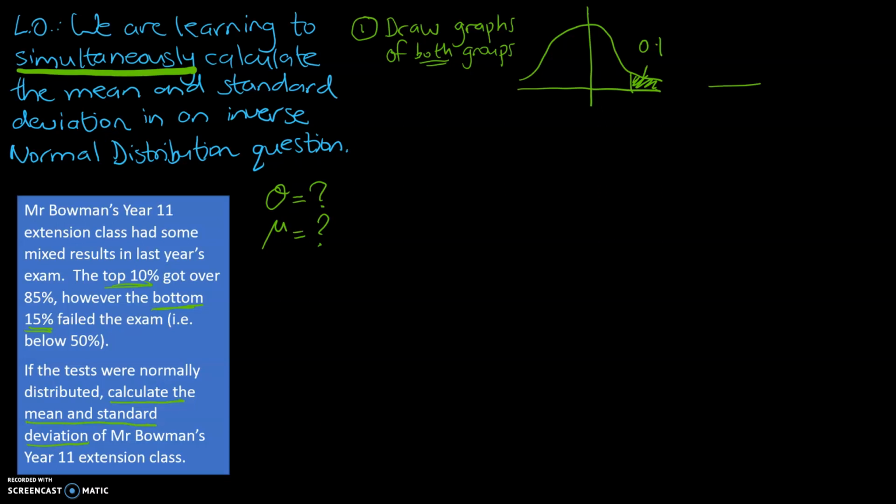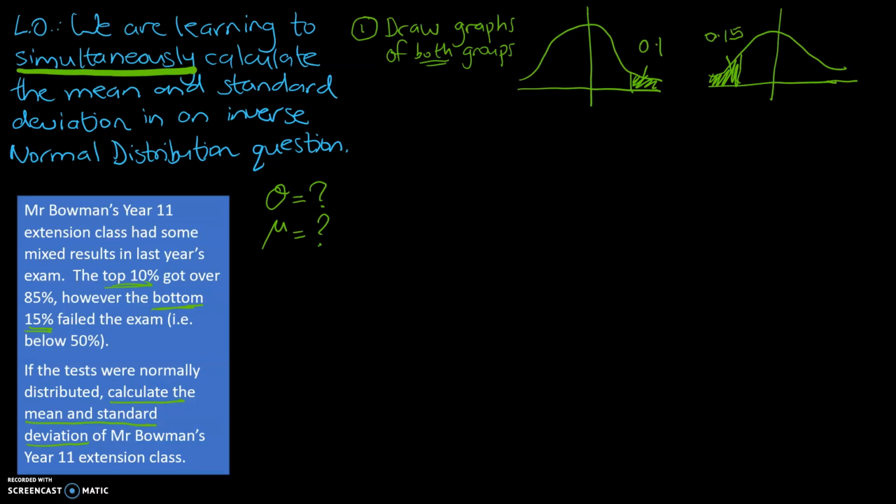And we now need to draw another graph with the second group, and I'm circling that on the screen as well, and that's the bottom 15%. And that had an area of 0.15.